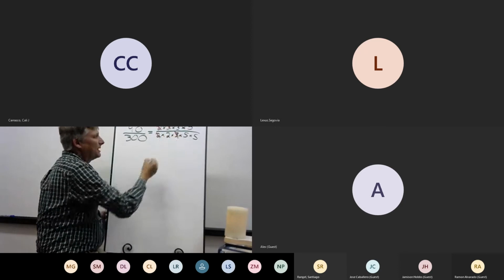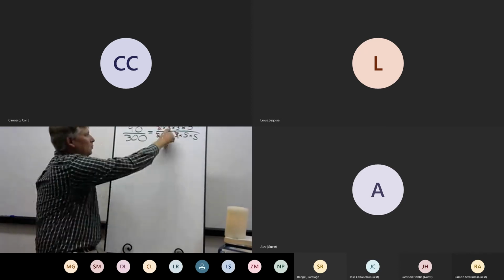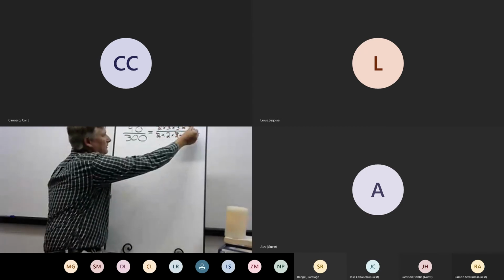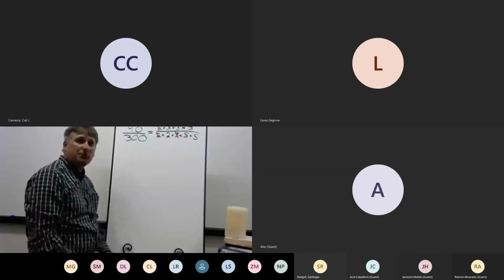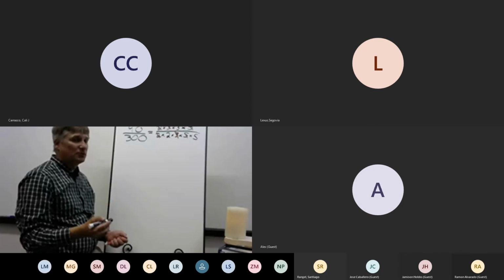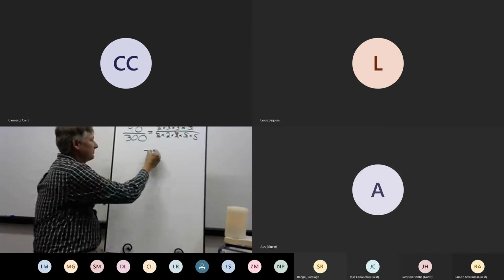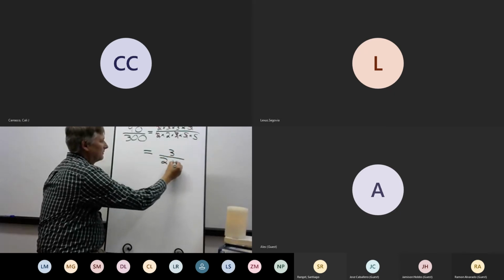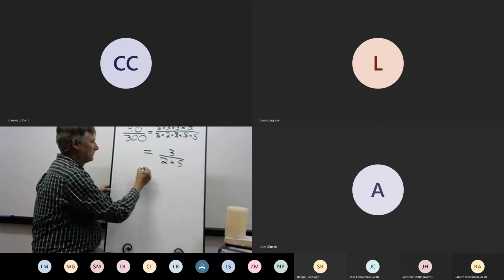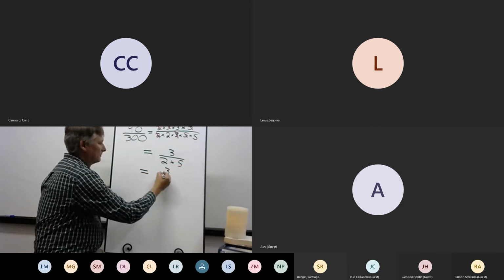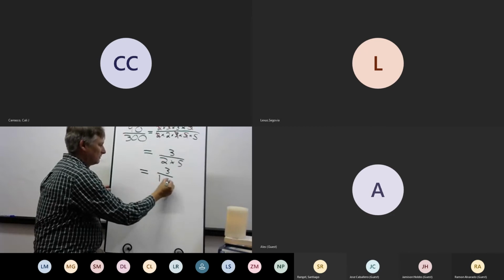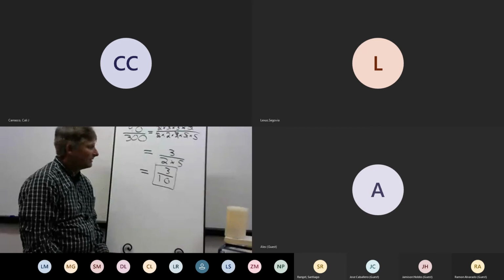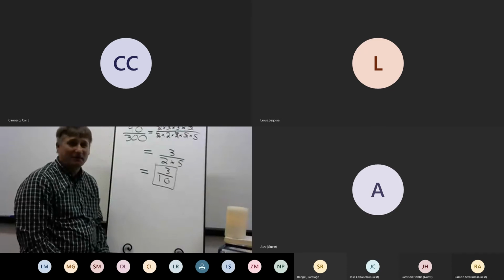Because there's 3's in the top and the bottom, I can cancel 3's, but only 1 for 1. Same thing with the 5. I could cancel those 2 5's. And so what that's going to leave is 3/10. Any questions about that?